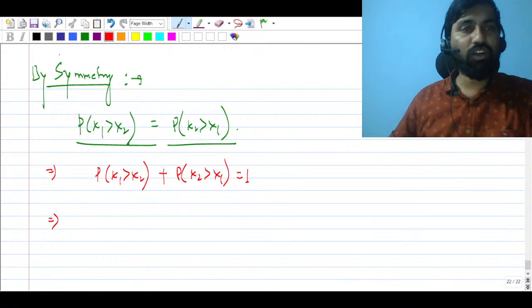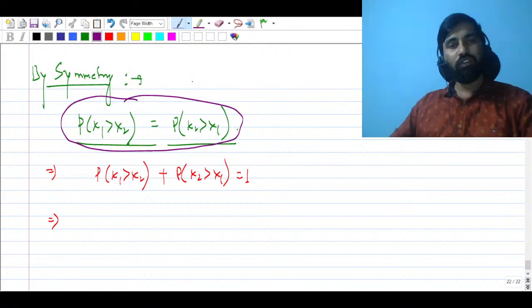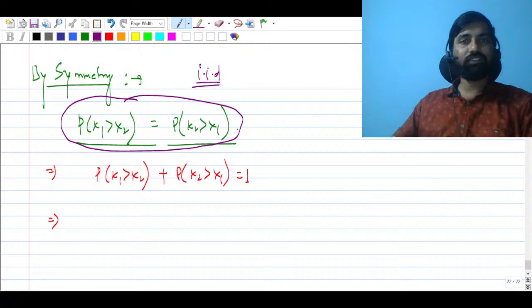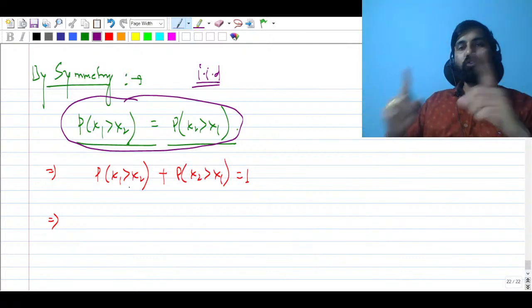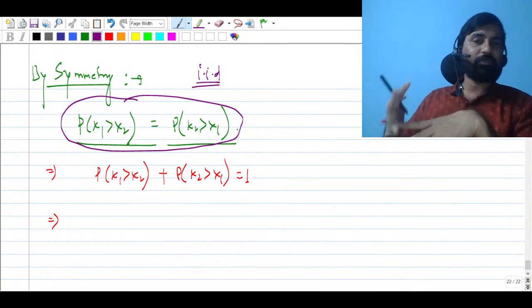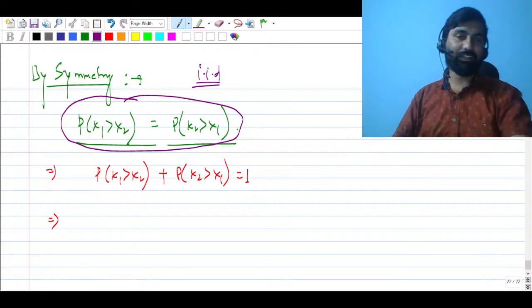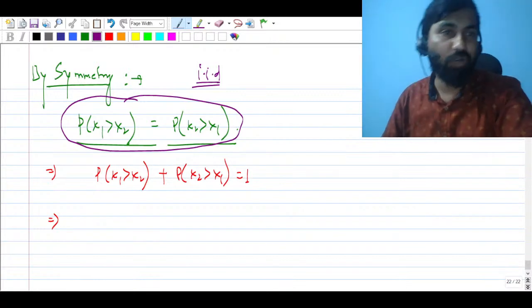From the symmetry, you have got these two are the same because of IID, identical independent distribution. So here is where you can employ the symmetry concept, when two random variables are identical and independent. If they are not independent, then you can't use the symmetry concept.